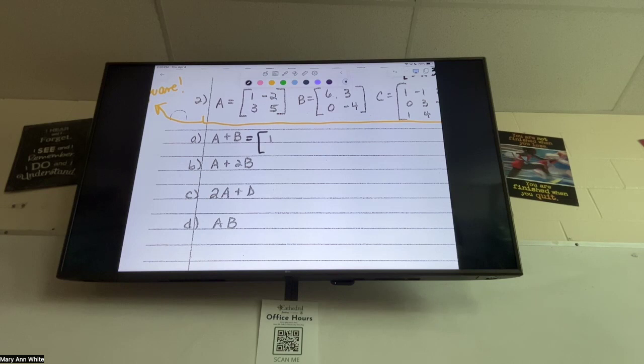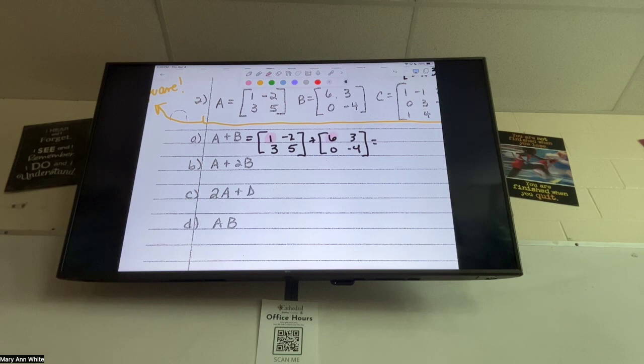So I'm gonna have 1, -2, 3, 5. I just copied matrix A. Now I'm gonna copy matrix B so I can add them together. I'm gonna start by looking at the elements in the top left hand.